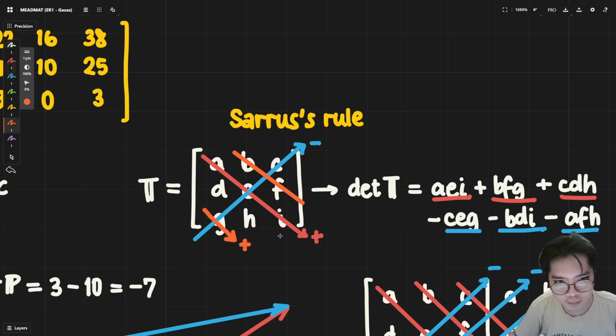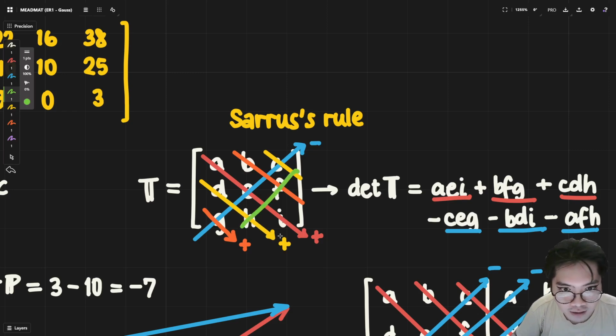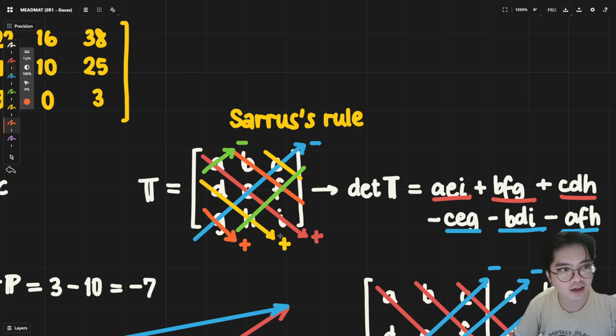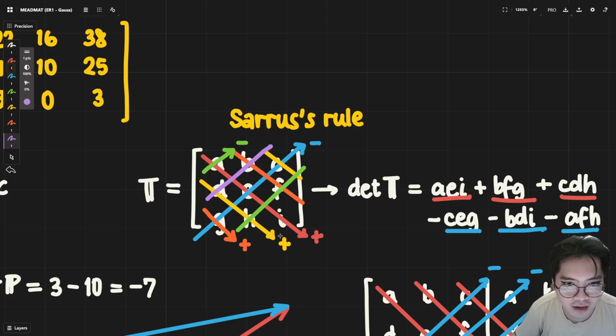That is your positive, and another one, your C, will teleport to the other side and complete the D and the H. The same thing goes for your F and H. If you put this diagonal up, it will teleport to the A, negative, and then either the B and the D. So your I, if you put it up, will go to the B and the D.